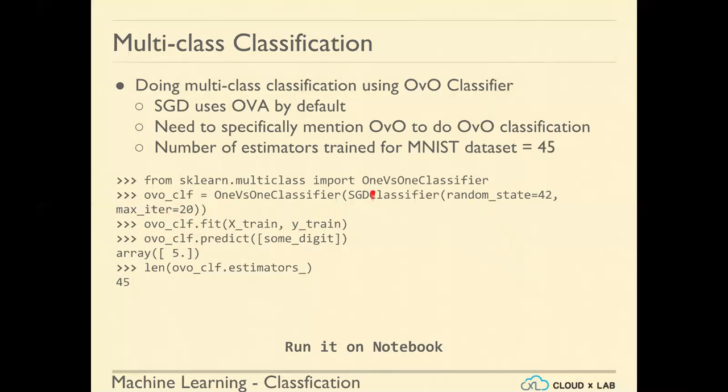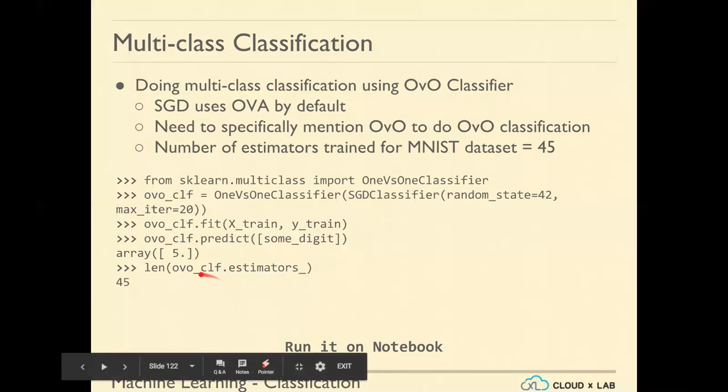45 instances of the SGD classifier. It's going to generate 45 instances of the SGD classifier, so the number of estimators that we are going to train is 45. Once we predict, everything else is going to be the same.